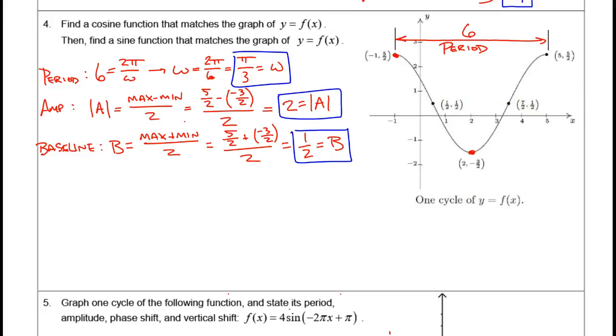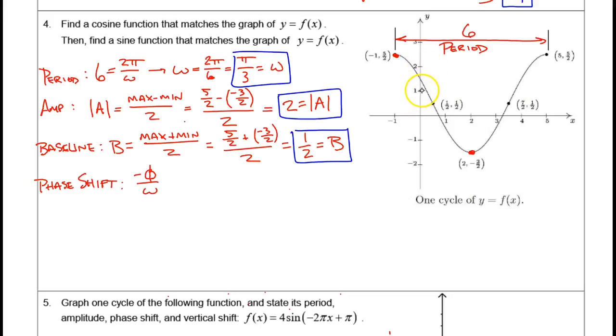Okay. Next thing we'll do is look at phase shift. Phase shift is equal to -phi over omega. Well, in order to figure out phase shift, I need to go back and look at the graph. By the way, I don't like the way I drew that phi, so I'm going to fix it for you. That's better. So let's go back and look at the graph. If this were the cosine function, it would start at 0, 1.